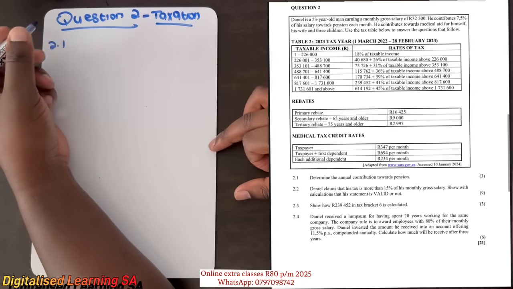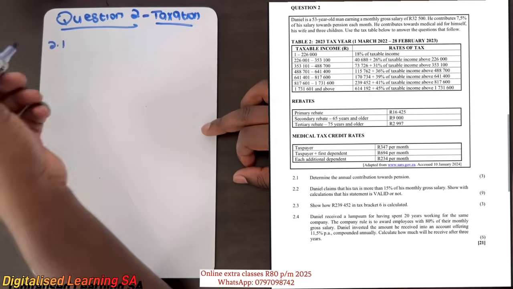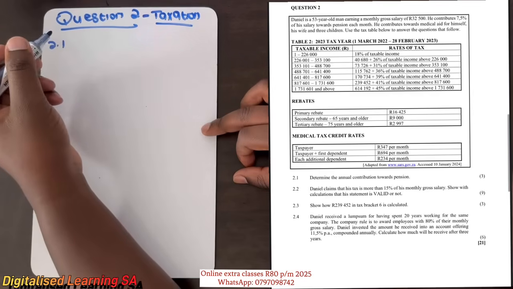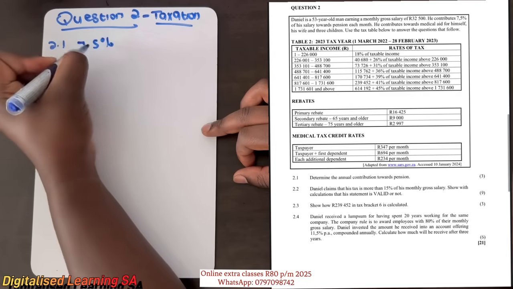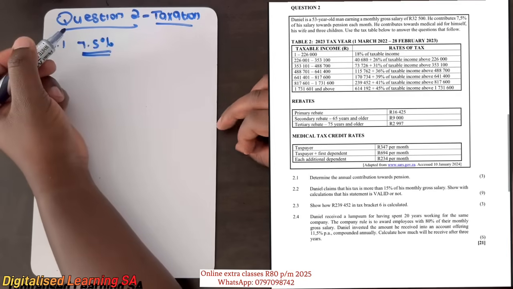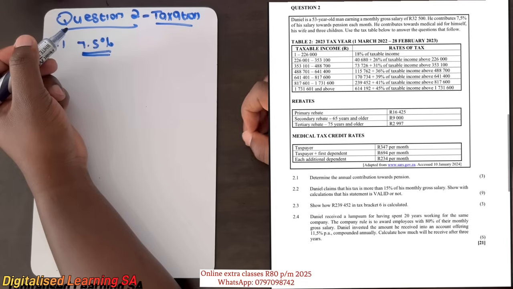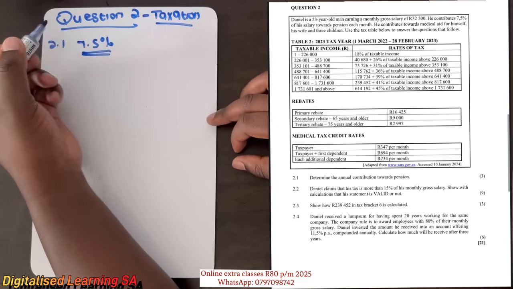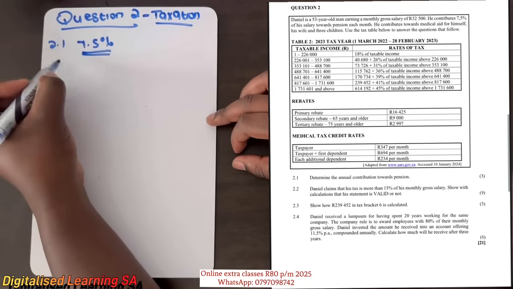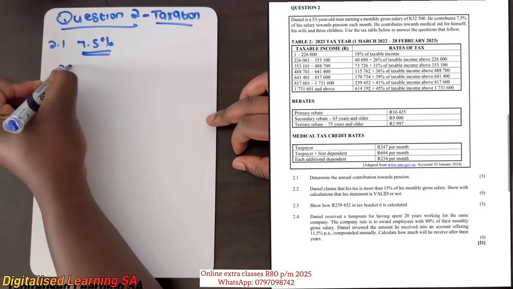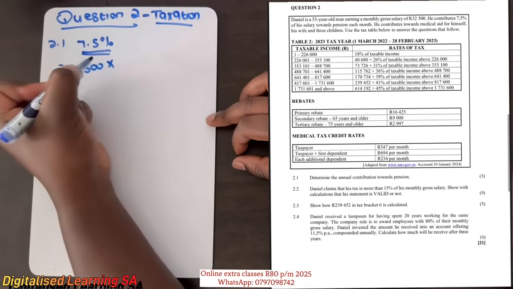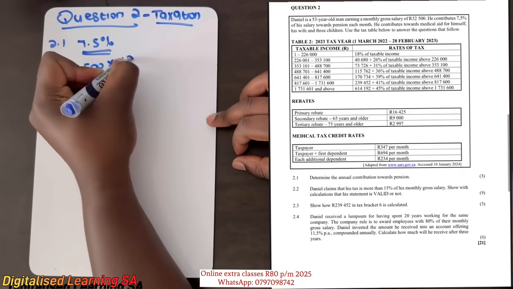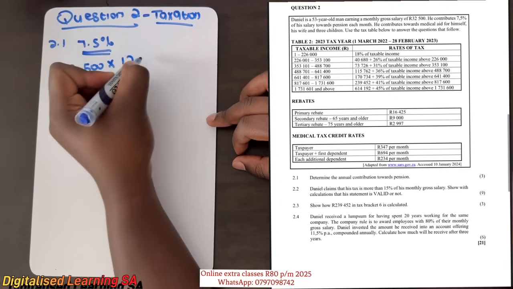Question 2.1 says determine the annual contribution towards pension. We know that he contributes 7.5%. So now let's first find out how much he earns in a year. To do that, we take his monthly gross salary of 32,500 and multiply by 12 to convert it to annually.